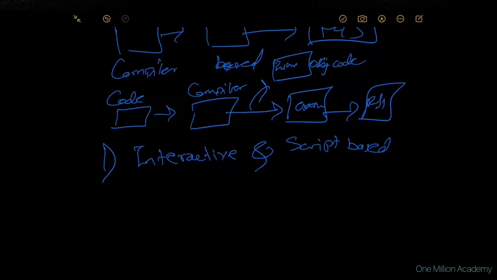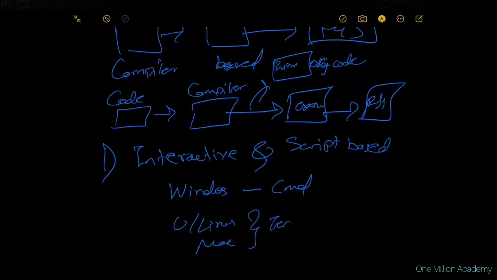Okay, there are two ways to execute your code: interactive and script based. Interactive means, as I was telling you before, if you are using Windows, it is the command prompt, and if you are using Ubuntu, Linux, or Mac, you get the terminal, the CLI.